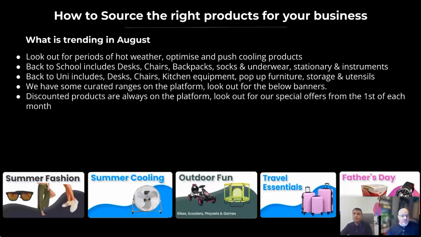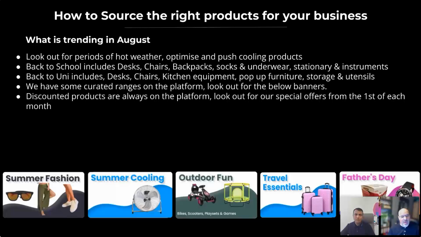And then soon after back to school is back to uni, and that's a slightly wider portfolio of product: desk chairs, kitchen equipment, pop-up furniture, storage, and utensils. But again, we have those banners set up, curated, ready for you as full ranges. You don't have to select all the products, but we give you an indication of what sells during that time.